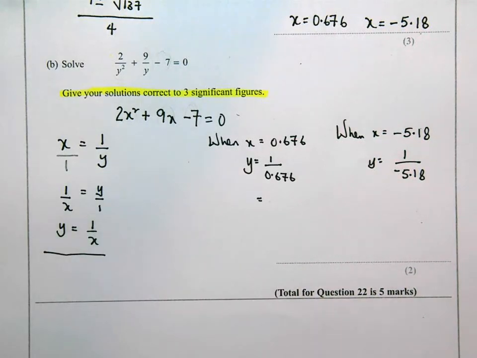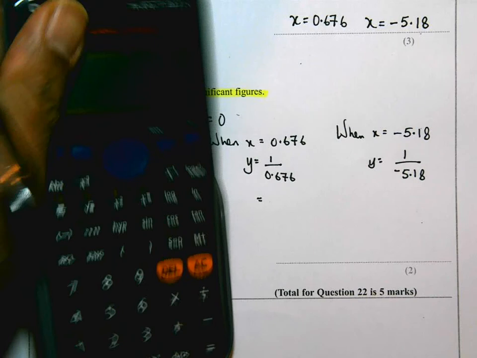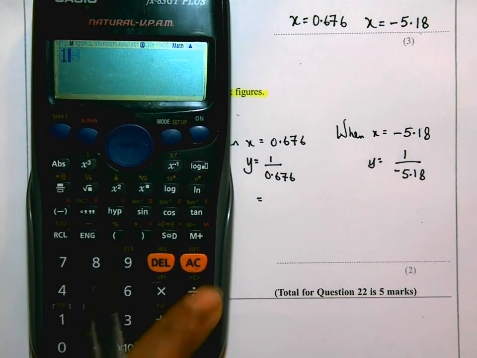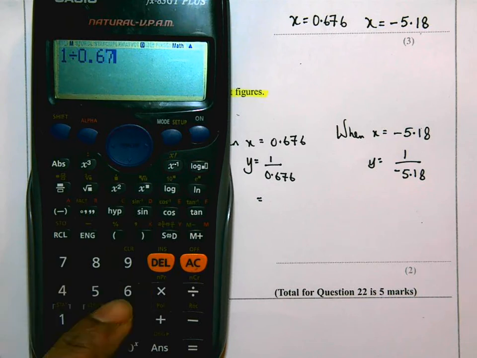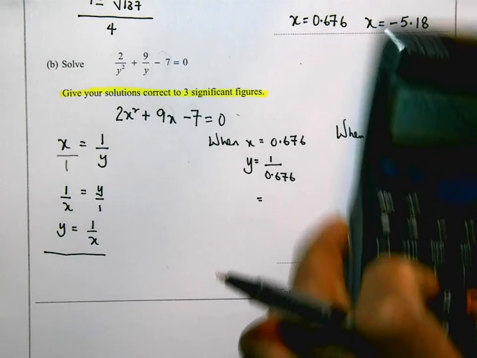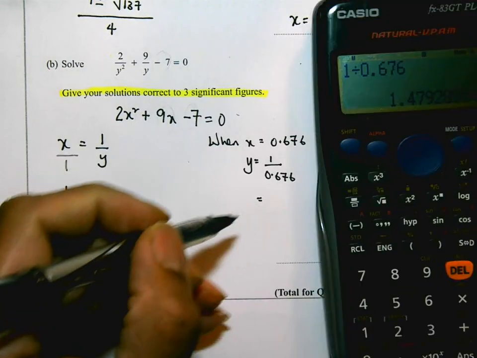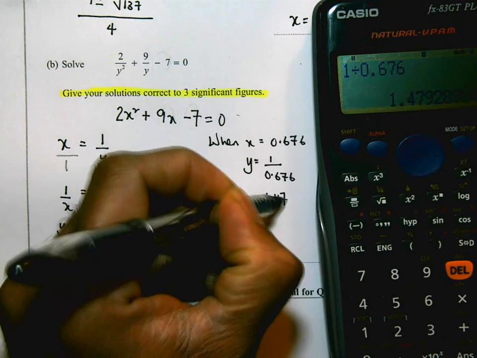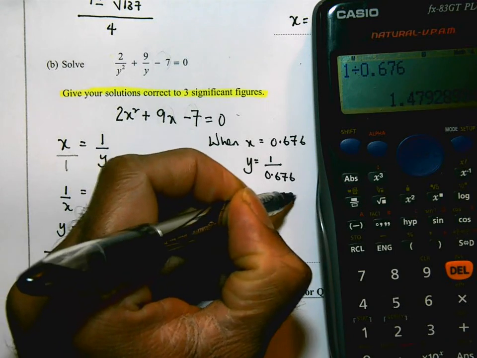So the first one, 1 divided by 0.676 equals, let's just write all of that down, 1.47928 and so on.